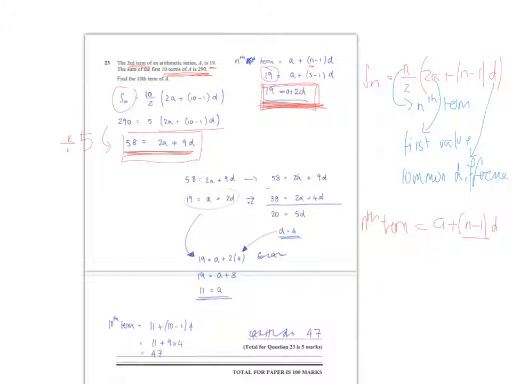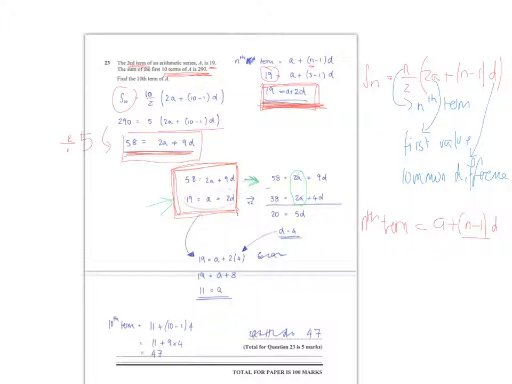We've got a linear simultaneous equation. Currently we don't have the same values in front of the a or the d, but I can manipulate one of the equations by multiplying all of the terms by, in this case, 2, so that I have the same value in front of a.